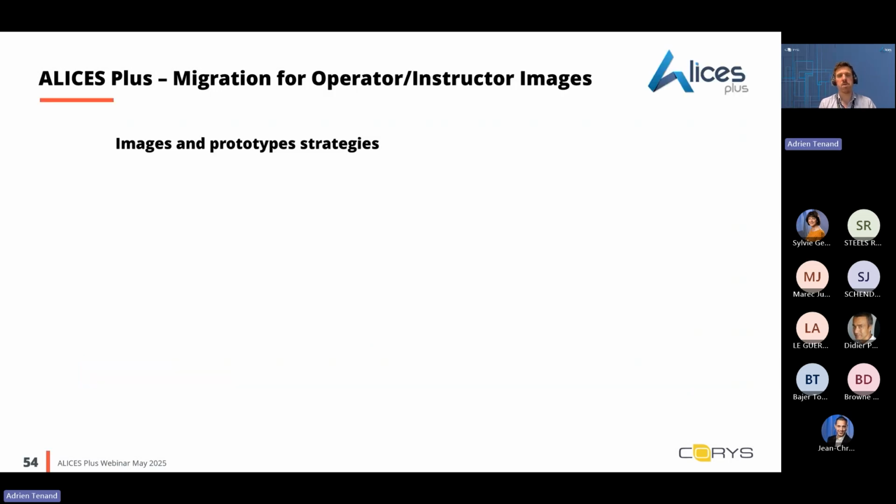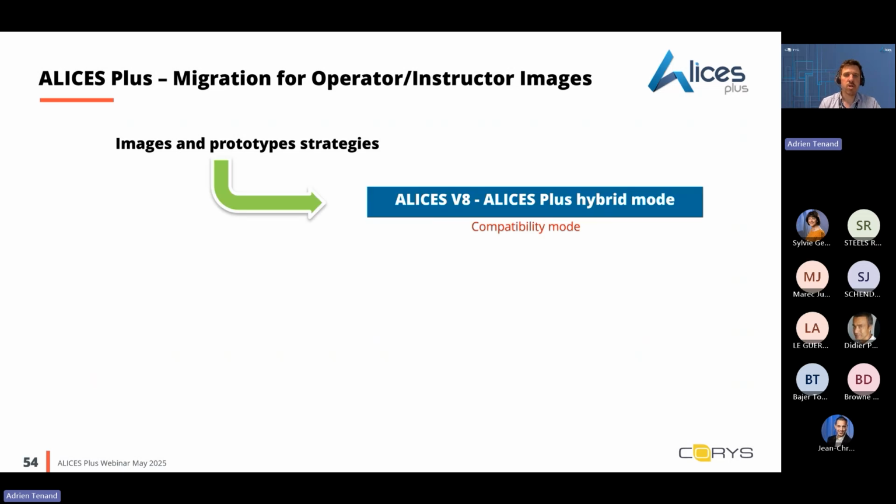So that was the first point about the models. And the second point is about the instructor station and operator station images. Here you have three strategies. The first one is to use what we call the hybrid mode, which is the combined use of ALICE V8 and ALICE Plus in the same simulator. It's a compatibility mode, and we use it to give time until a full migration to ALICE Plus.